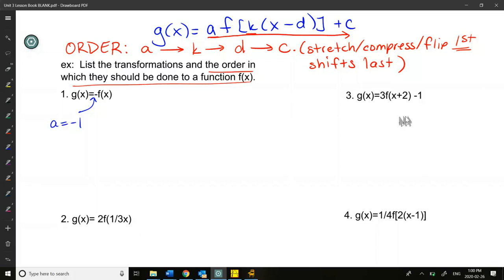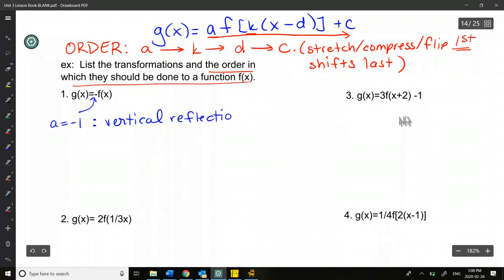So this is a vertical reflection, or you can say vertical flip. Okay, there is no stretch or compression that happens from the value 1, but the negative part of this causes the vertical reflection. Okay, so that's the only transformation that we have in this equation.